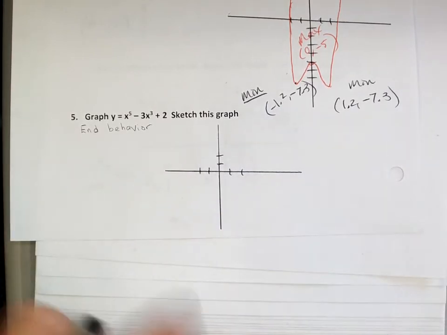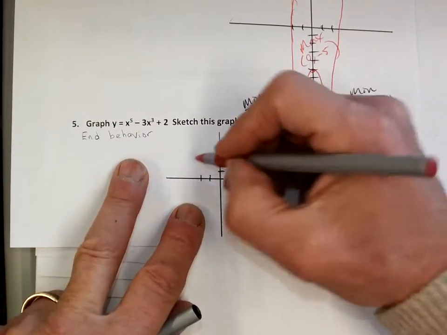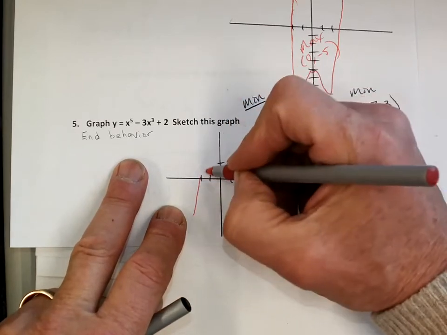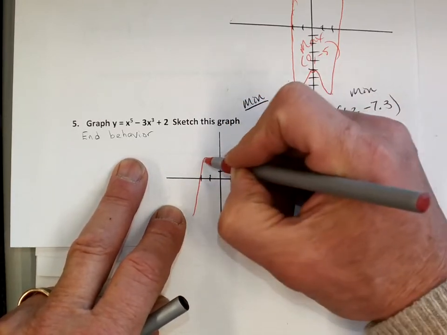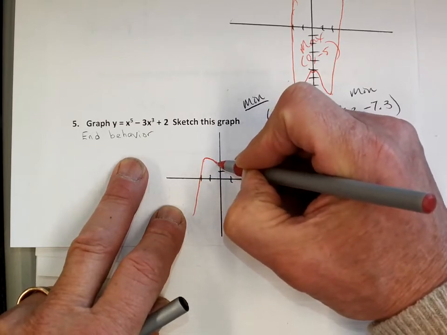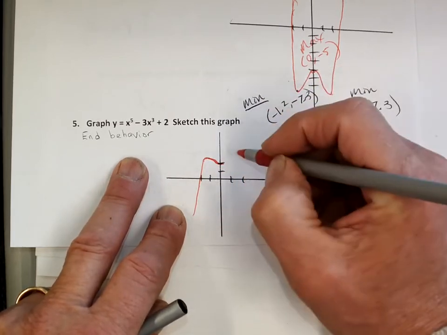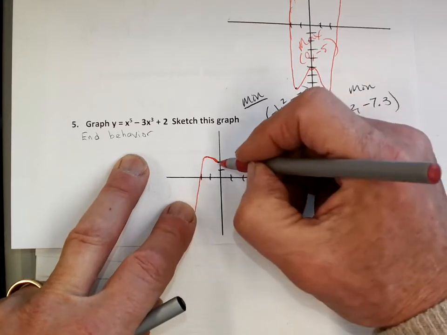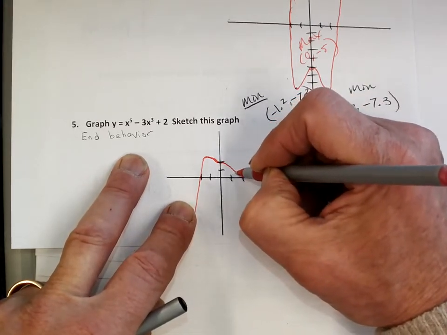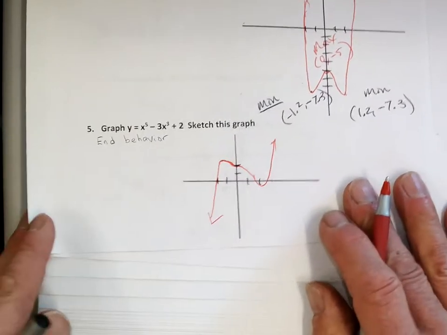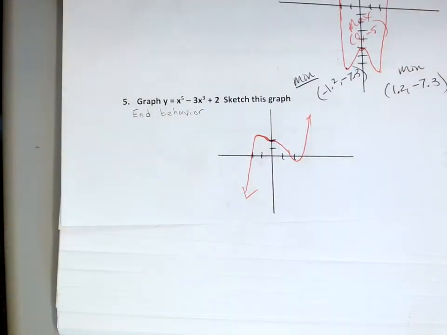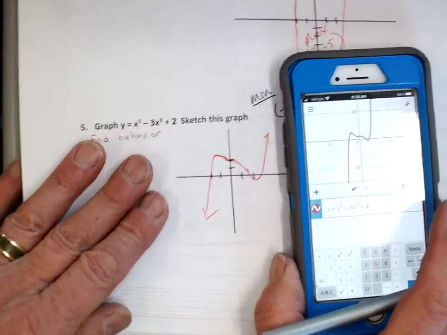So it does this weird thing here. Let's see if I can draw it pretty well. Okay, here it comes up, and then right about here, it does a weird little bumpy thing, right? And it goes back down and does a little thing like that, okay? I don't know if you guys can see that on your phone or not, but that's what my phone shows me.